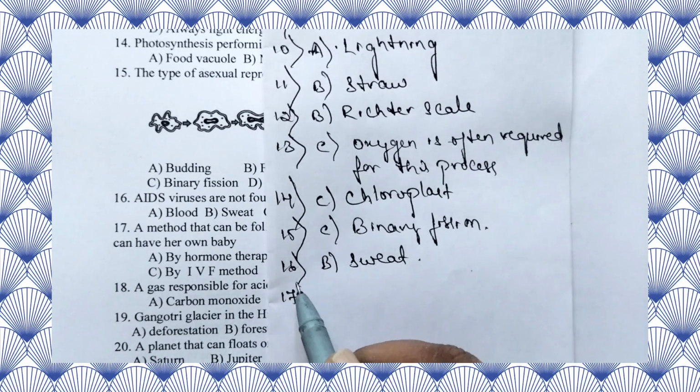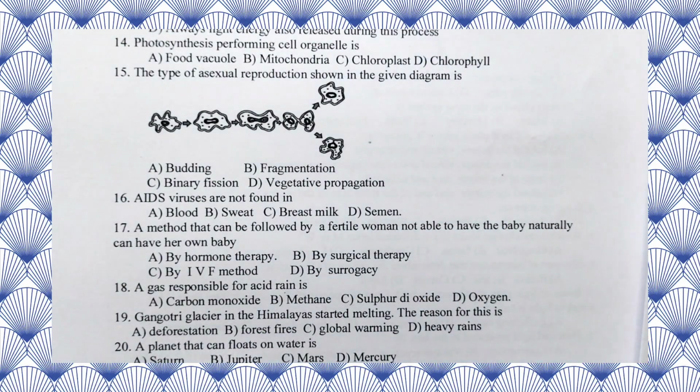Now let us move to the 17th question. A method that can be followed by a fertile woman not able to have a birth naturally to have her own baby: hormone therapy, surgical therapy, IVF method, or surrogacy.